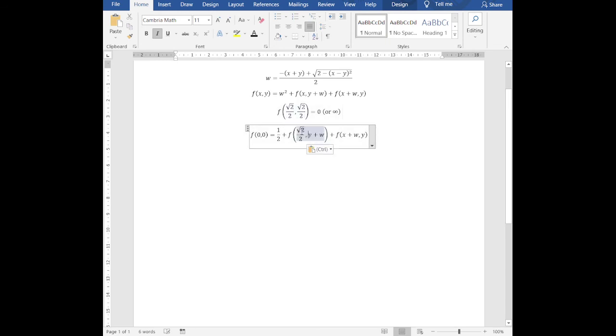So I'm going to just throw in this information. So we know this is equal to 0, and we know this. And these are just things that relate square root of 2.